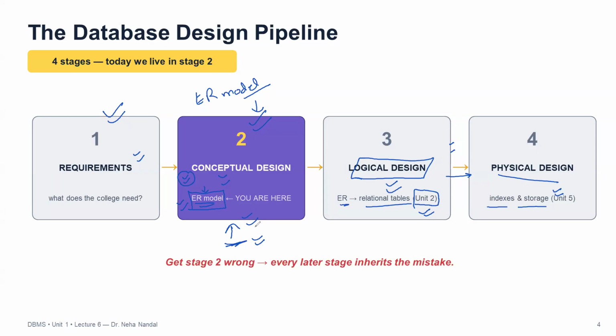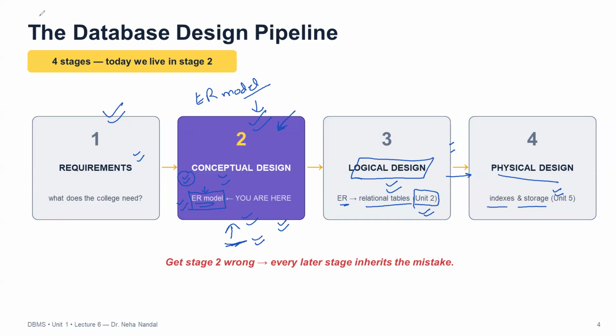Duplicate data, update errors, impossible queries, all of these things will trace back to a bad ER diagram. So it is a very crucial part that we get our ER model correct, precisely on the basis of the requirements.